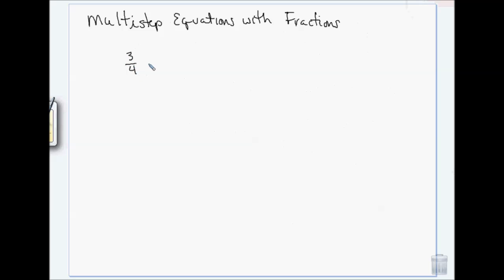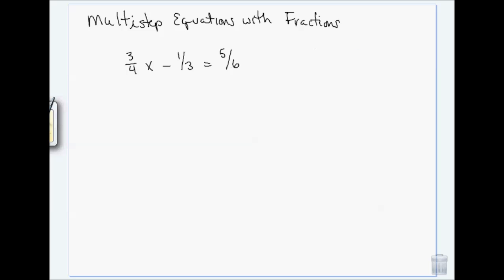Okay, so we have multi-step equations with fractions. So if 3/4 x minus 1/3 is equal to 5/6. Now, I can either work with the fractions or I can clear the fractions. Any opinions on that? Clear them?